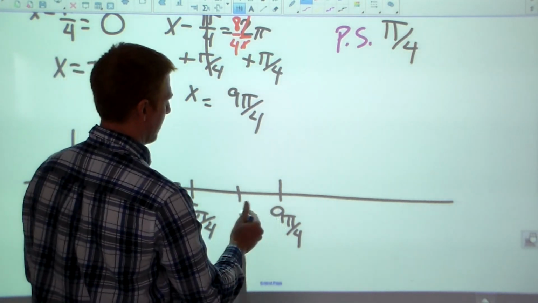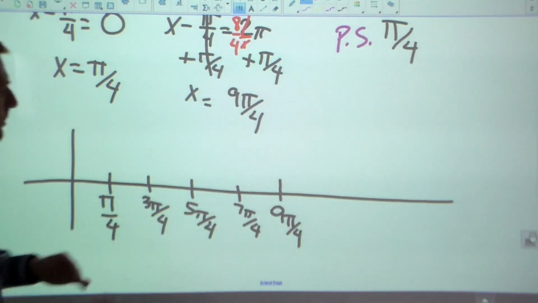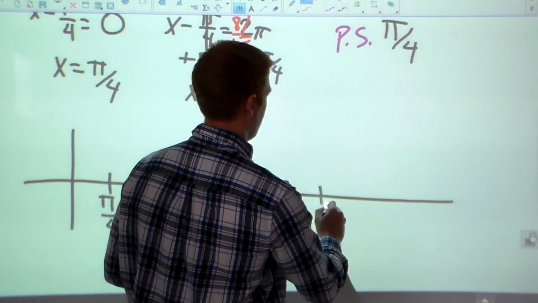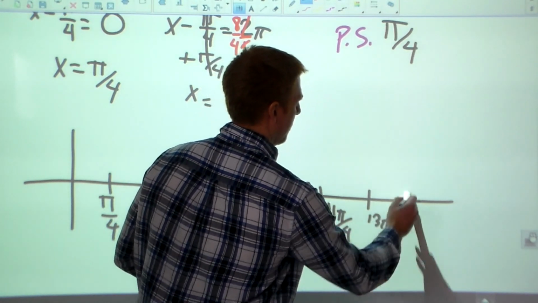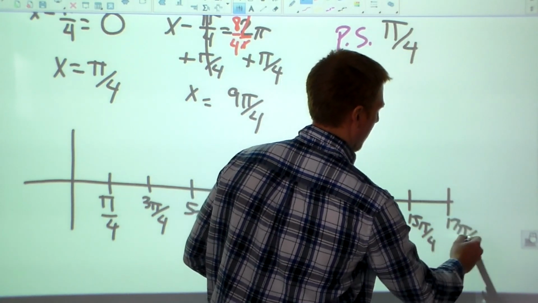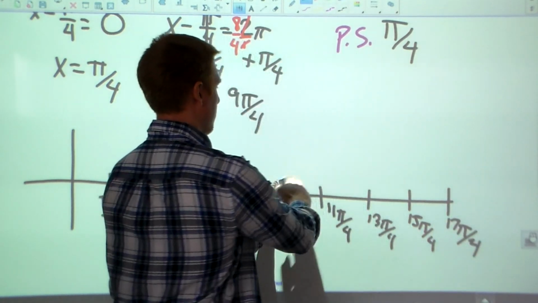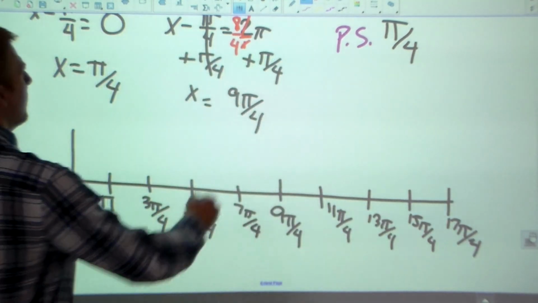Halfway between 5 and 9, that's 7, so 7 pi over 4. If you feel pretty good about the first cycle, then you can keep counting. So 11 pi over 4, 13 pi over 4, 15 pi over 4, and we should be ending at 17 pi over 4. That's 4 more segments, so that's enough for an entire wave.